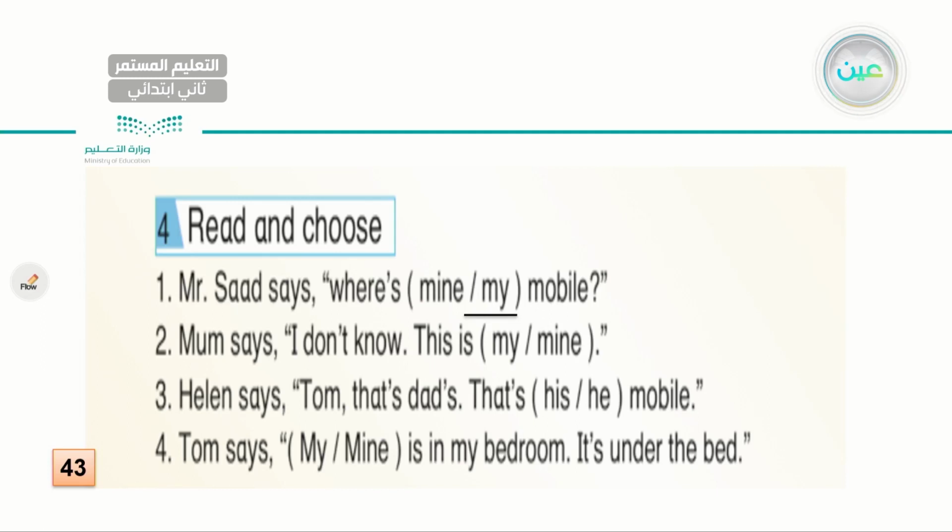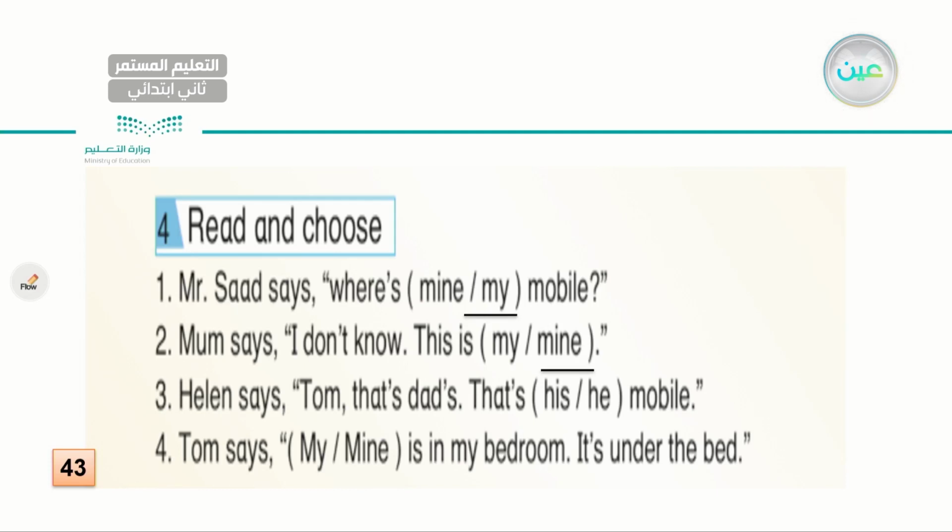Now, let's go to number 2. Mom says, I don't know. This is my or mine. Now, what do you think? It's followed by nothing. So, very good. The answer is mine. This is mine. Excellent, excellent.